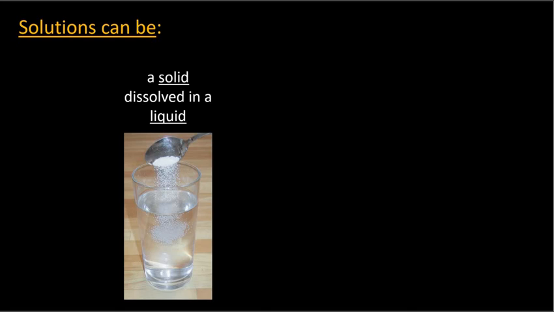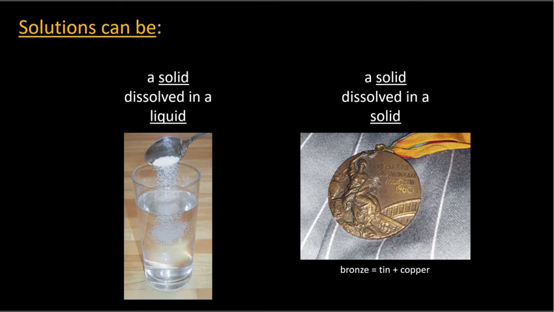Now, one of the things that we often don't think of is a solid dissolved into a solid. And this is where you have two solid things, especially in this case metal, and you end up combining them together in a mixture. They still stay separate metals. They don't chemically combine, but when they're physically mixed with each other, they make what's called an alloy.